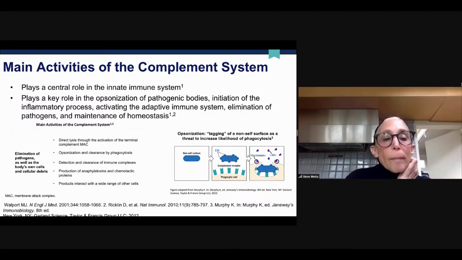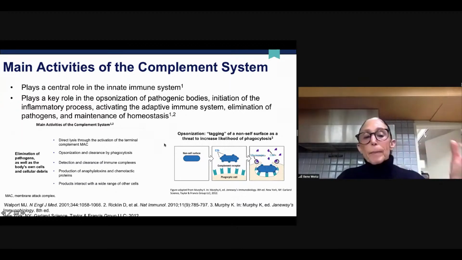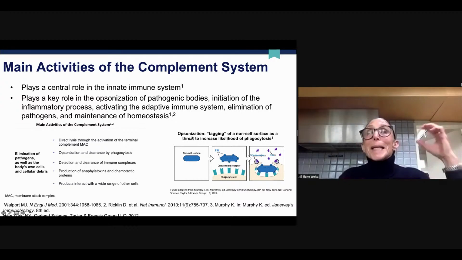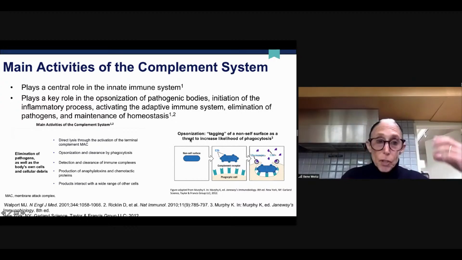We know that the complement system is important in recognizing non-self. The opsonization by the deposition of C3b tags a non-self surface or a non-self pathogen so that it can be cleared.